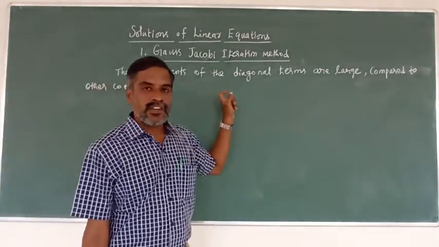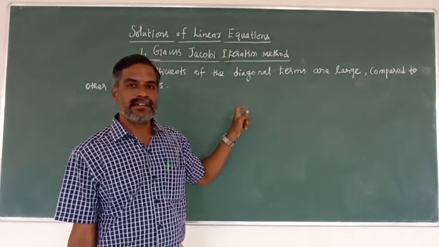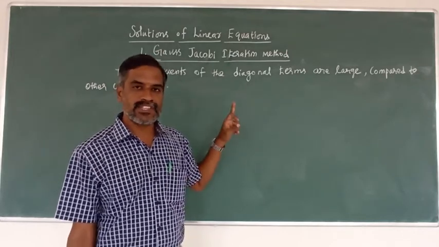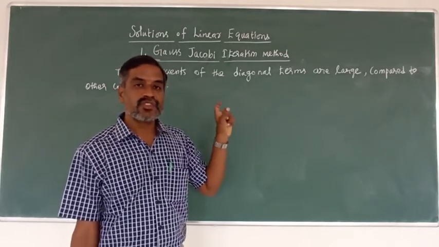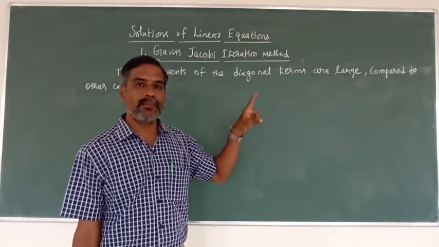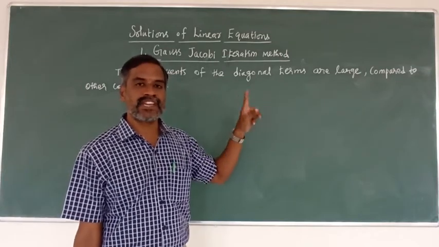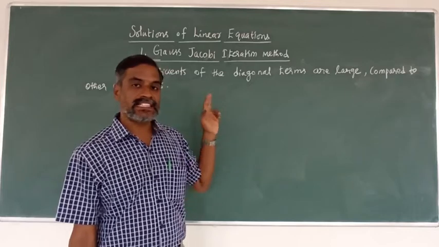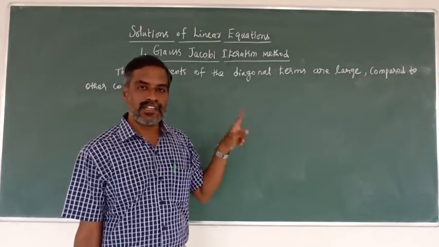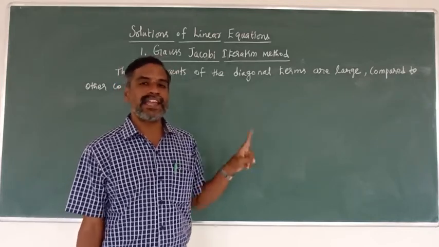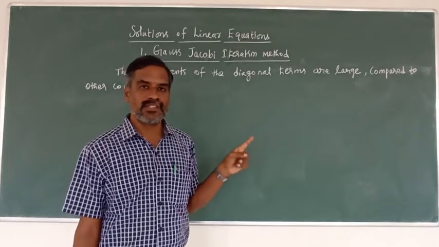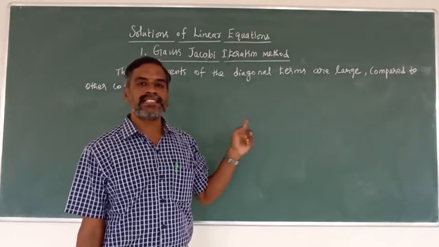In the first linear equation, the x coefficient should be large compared to the other coefficients y and z. In the second linear equation, the y value should be large compared to x and z.